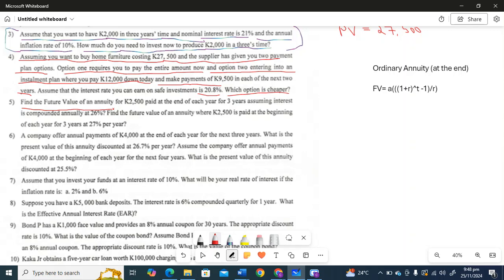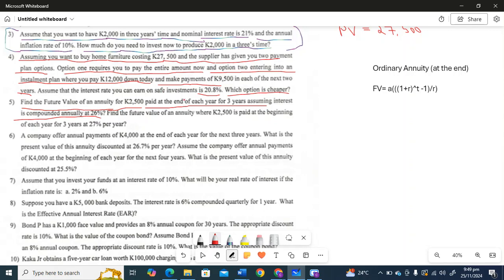certain period of time. So find the future value of an annuity for 2,500 paid at the end of each year for 3 years, assuming interest is compounded annually at 26%. That is the first part of the question.